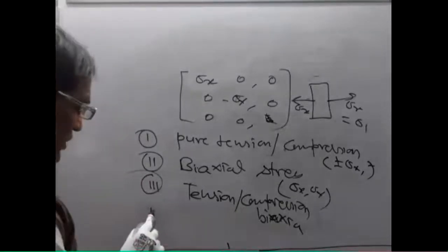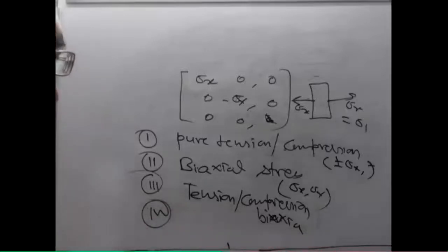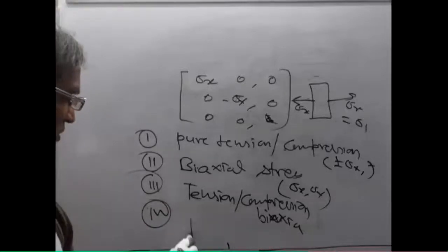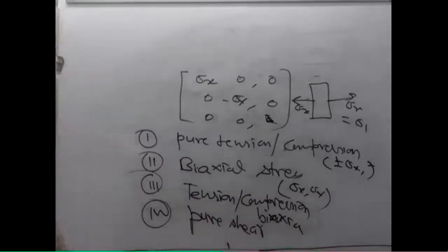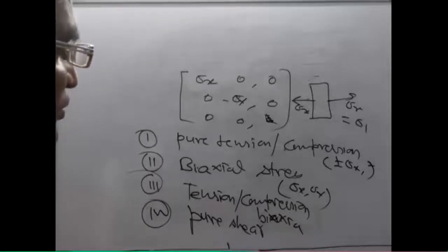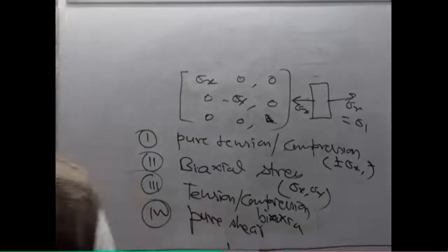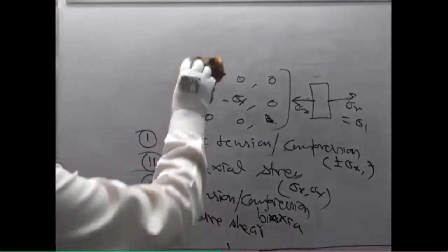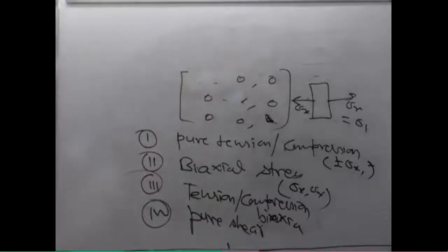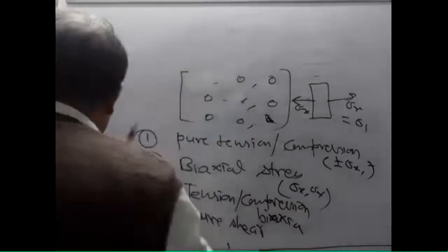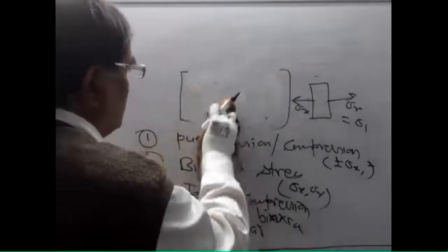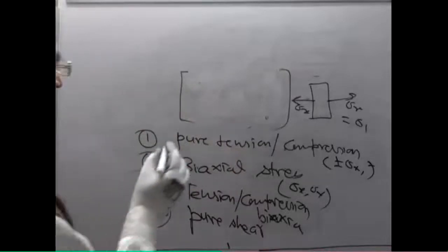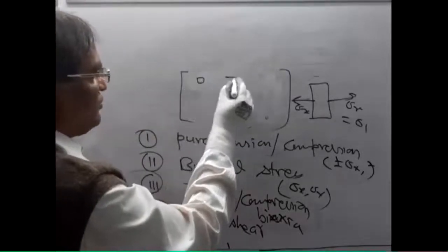And fourth, you note down, is the pure shear. In pure shear, what happens? Only the shear remains, so there will be no normal components. So this component will be 0, this component will be 0, and here tau xy.